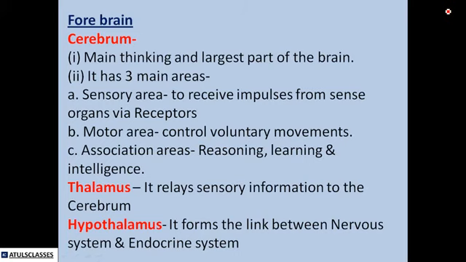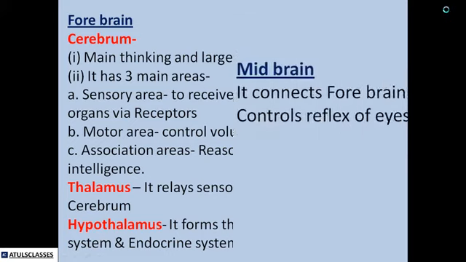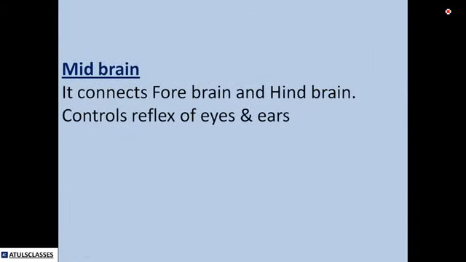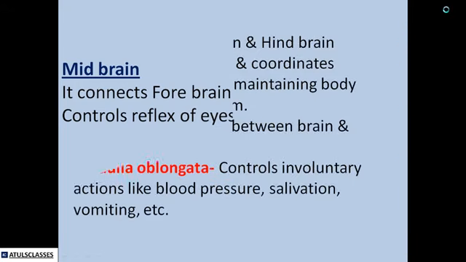Then the second part is the thalamus. It relays sensory information to the cerebrum. Then the hypothalamus, which is the link between the nervous system and the endocrine system. Midbrain connects forebrain and hindbrain, and it controls reflexes of eyes and ears.